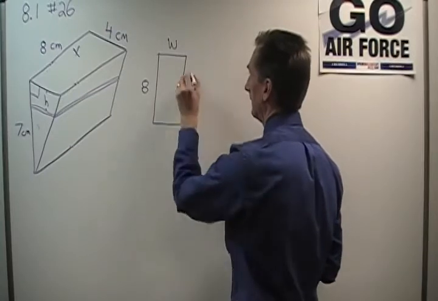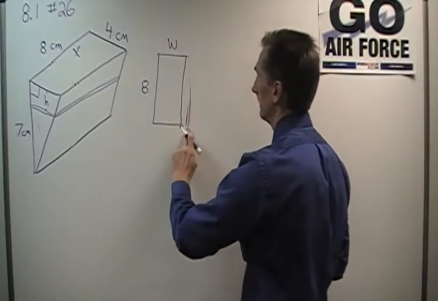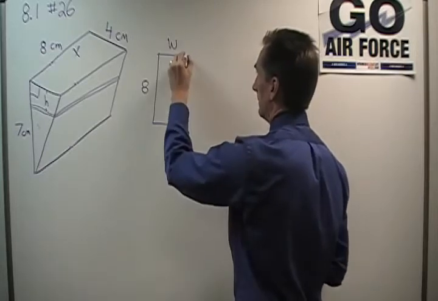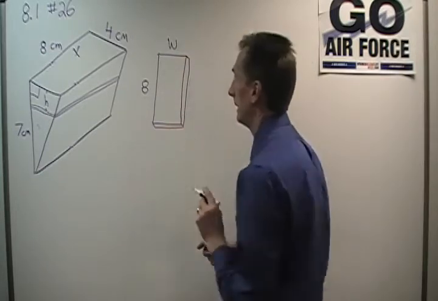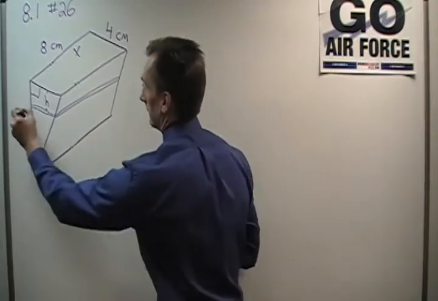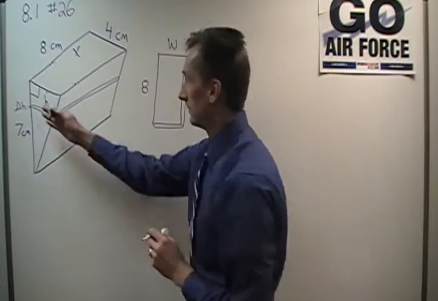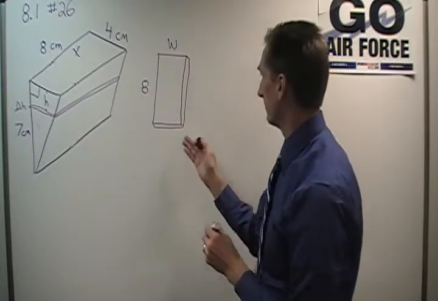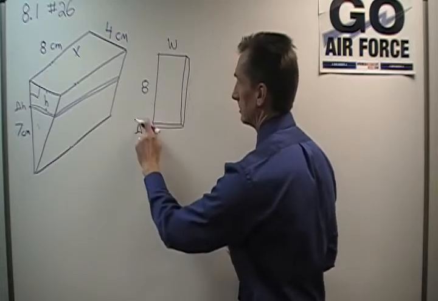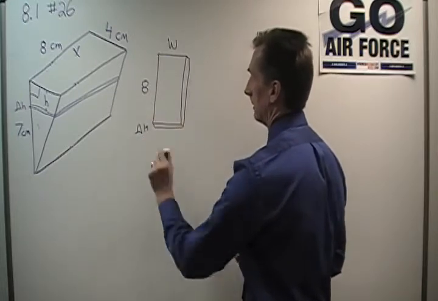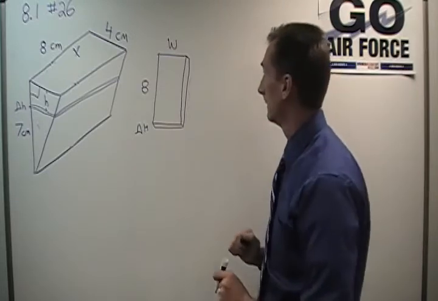And then we have a depth to this thing too. We're going to call that delta H. That is just this little width there, which is the depth of my rectangle. Delta H. So, let's get started, shall we?